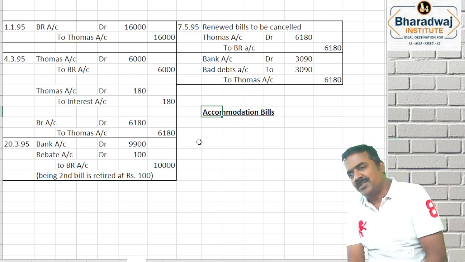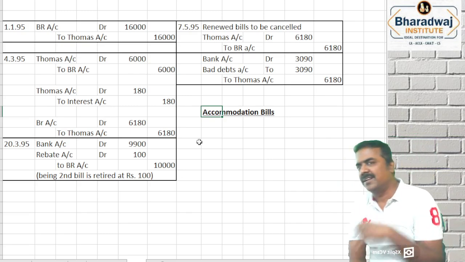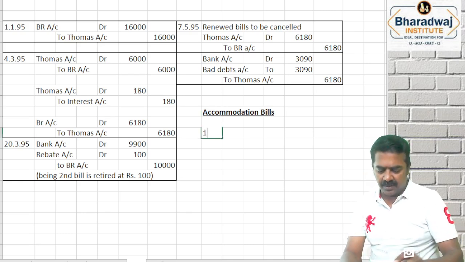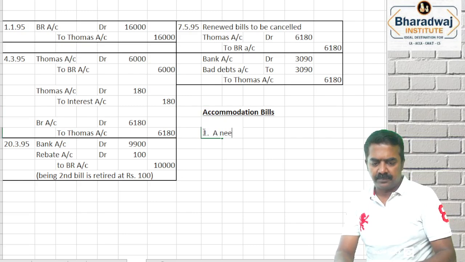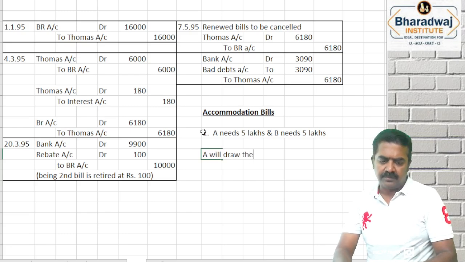So we discount the bill and get a loan for 3 months. After the 3 months period, you settle the loan. How will the transaction take place? For example, let's assume A needs 5 lakhs and B needs 5 lakhs. A will draw the bill on B for 10 lakhs.